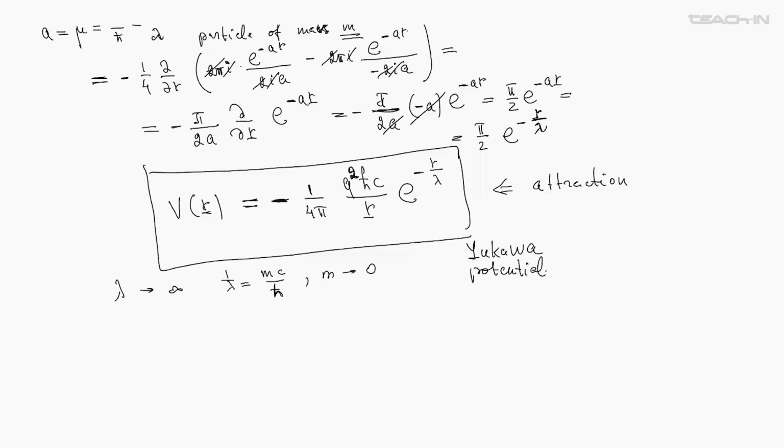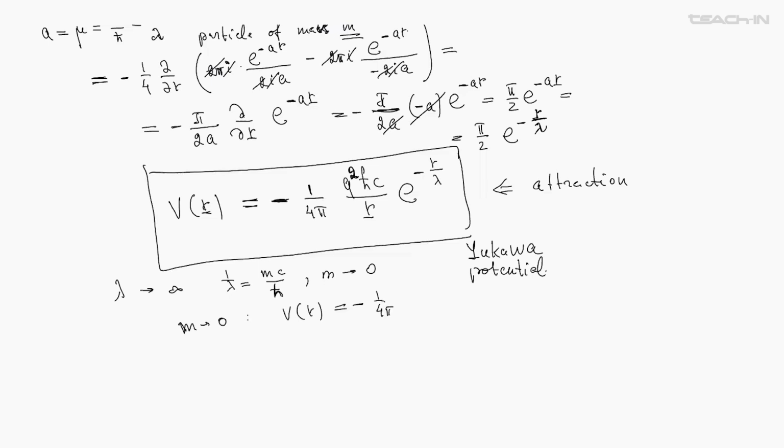And then you see that your potential between two static sources actually becomes a Coulomb potential. In this case, lambda to infinity or mass to 0, you can see that V of r becomes minus 1 over 4 pi Q squared h bar c divided by r.